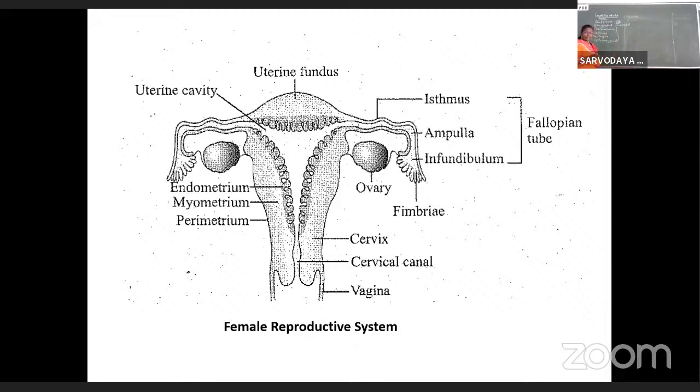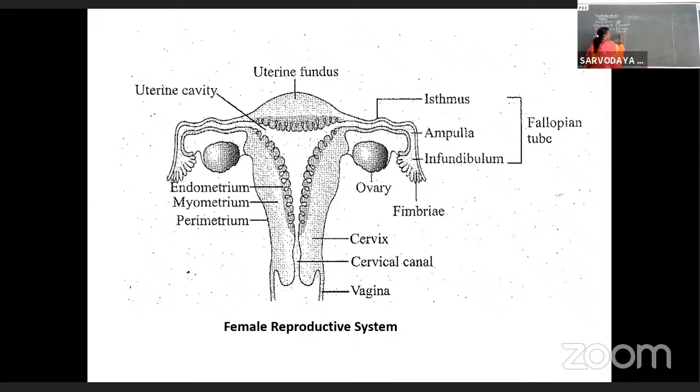What do you mean by integrated? They are linked with each other. So the structures of the female reproductive system are integrated and functionally they are going to provide support for the following functions.